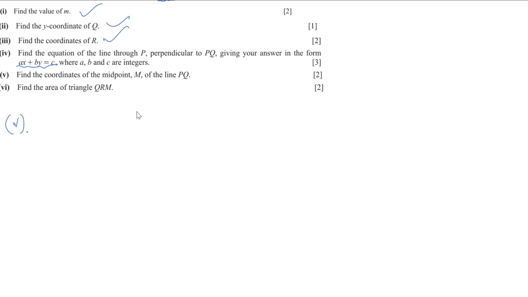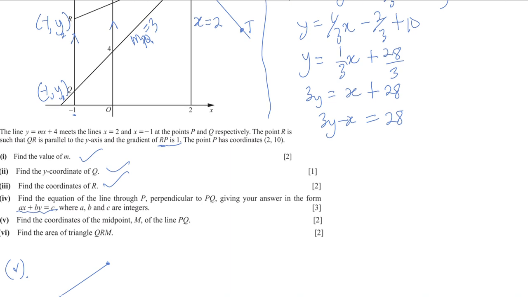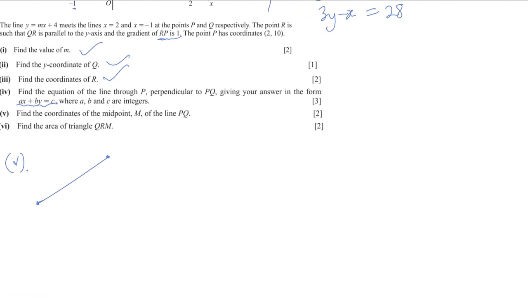Now, question V says find the coordinate of the midpoint M of the line PQ. The coordinate of Q is minus 1, comma 1.